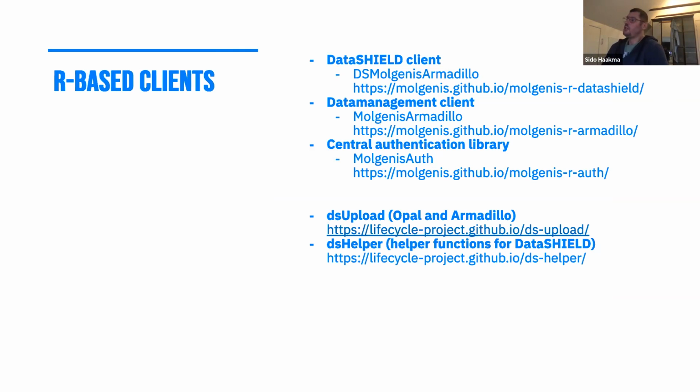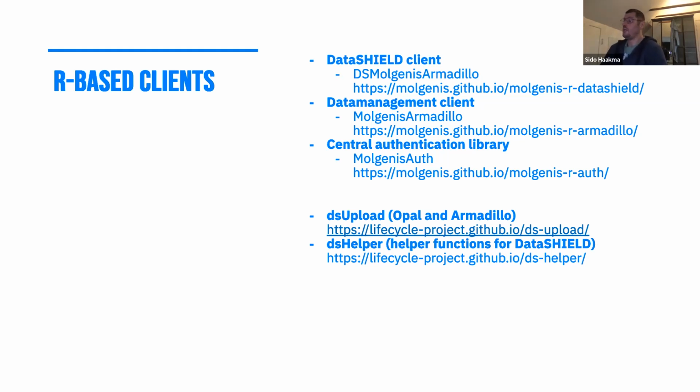When we developed the Armadillo, we thought about how we were going to serve the actual users, and we thought it would be wise to keep it in the R environment, because DataSHIELD itself is in the R environment. A lot of the harmonization was done in R, and we can deal with several harmonization approaches in R. So we have developed a DataSHIELD client, which you always need, DS Molgenis Armadillo, which is an equivalent of DS Opal.